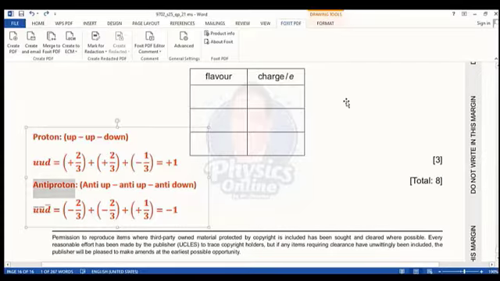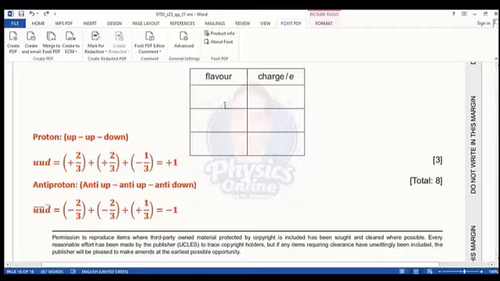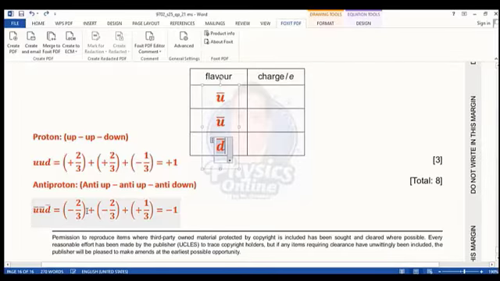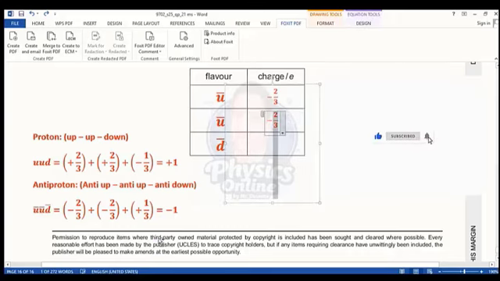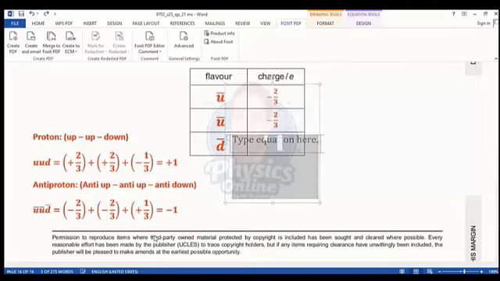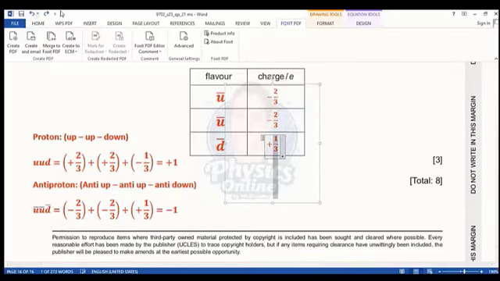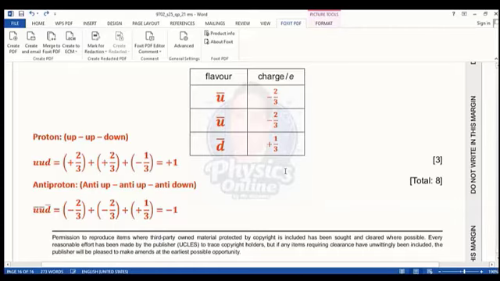Okay, so now we can write the flavors and the charges. Flavors will be the same: anti-up, another anti-up, and anti-down. For the charge, anti-up is negative 2/3, the other anti-up is negative 2/3, and the anti-down is positive 1/3. The overall of them is negative 1.